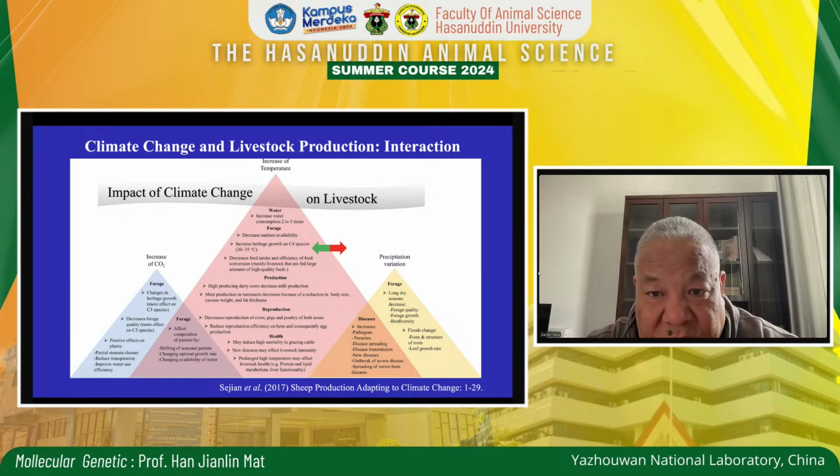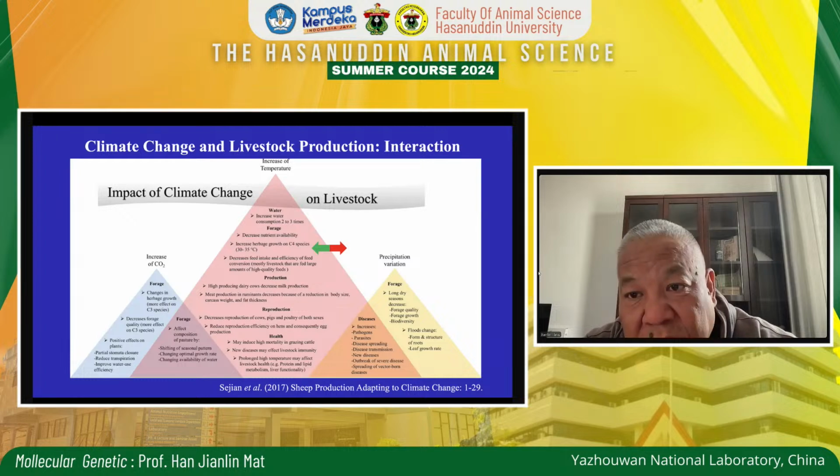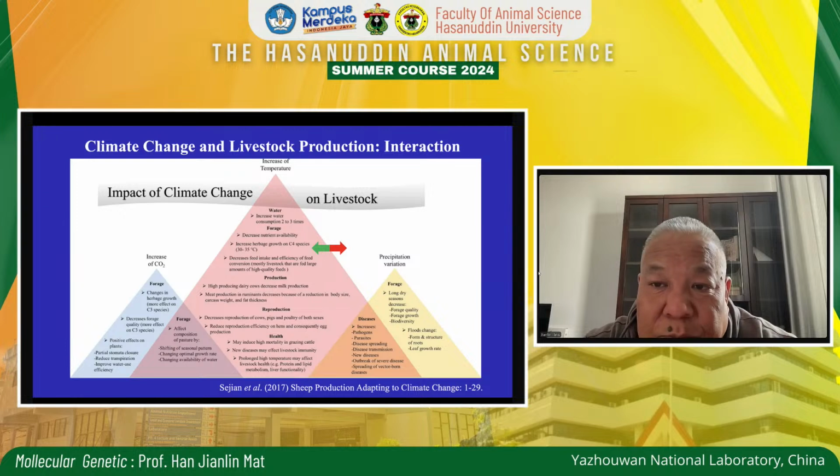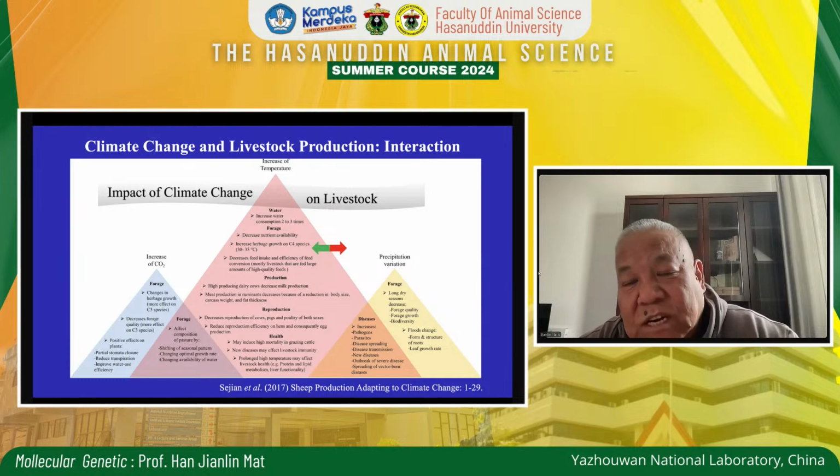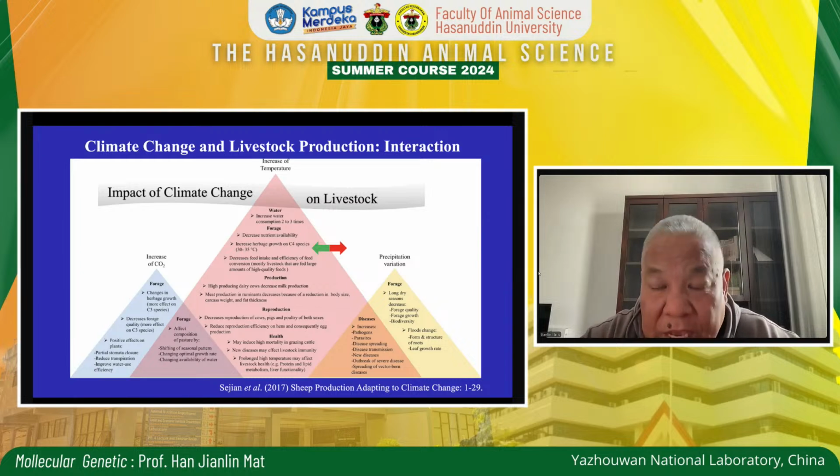On the other hand, livestock production also contributes to the climate change. Livestock are releasing methane, releasing carbon quite significantly. That is a part of agriculture production. We are speeding up the climate change. While on one side we are affected, on the other hand, we are contributing to the climate change.